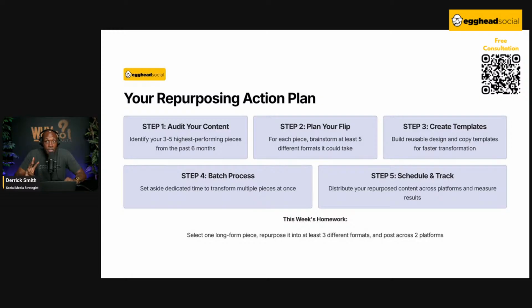Step 3, we want to create templates. So build reusable designs and copy templates, copy meaning the text, whatever you wrote, for faster transformation. Doing this also helps with offering multiple email drip campaigns. If you have a hot lead, what's that email look like?